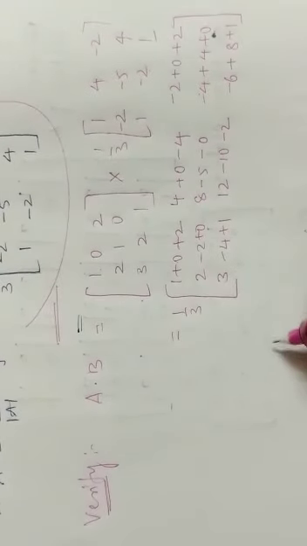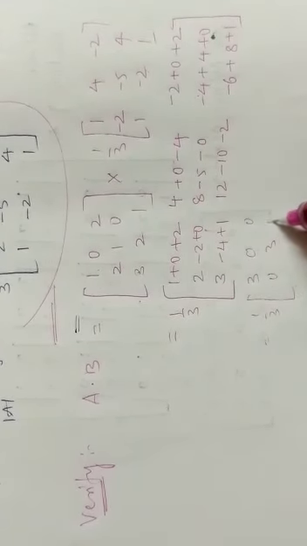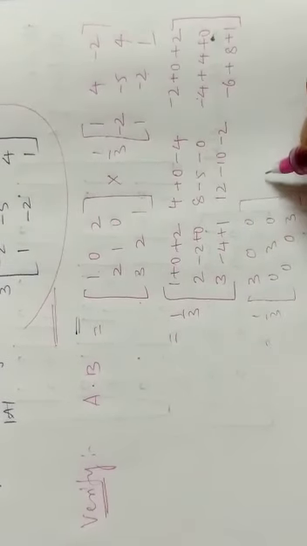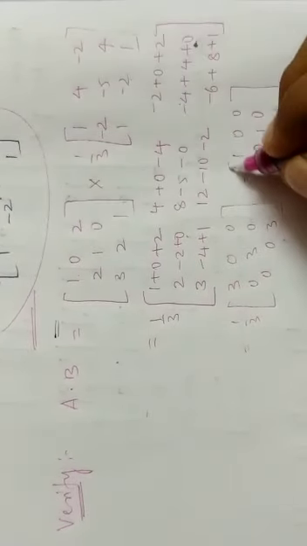Simplify it. 1 by 3 into 3 0 0, 0 3 0, 0 0 3. If you multiply this, you will get 1 0 0, 0 1 0, 0 0 1. This is the identity matrix.